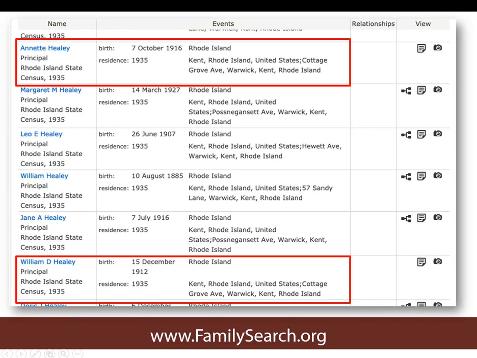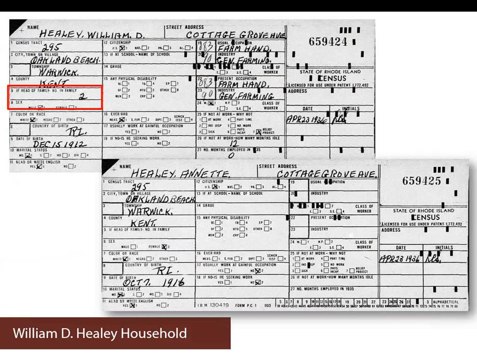And sure enough, came up with a William D. Healy, who's roughly 4 years older than her. And so I went and I looked at his card, and his card offered me the all important, I am the head of the household and I have 2 people in my family.